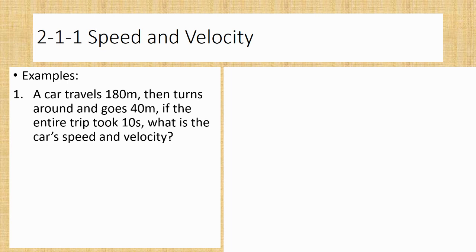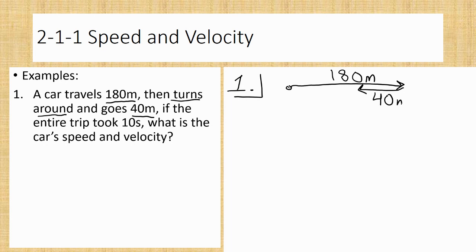All right, so let's begin. Take a look at what we know. A car first travels 180 meters and then turns around going another 40 meters. So for number one, the car starts here, travels 180, presumably to the right, and then goes backwards 40 meters.